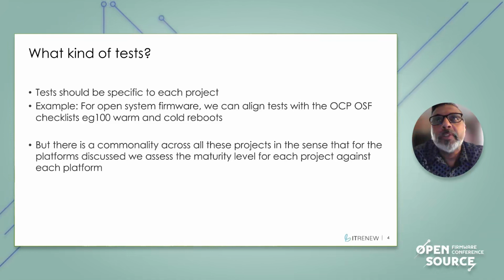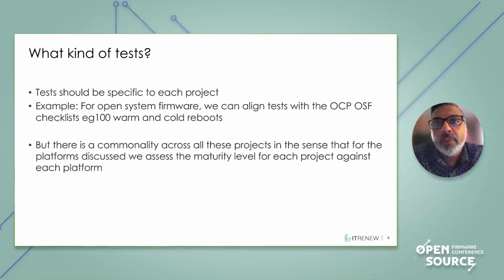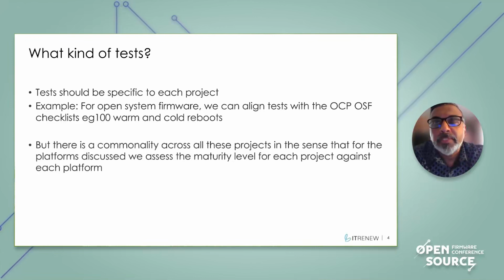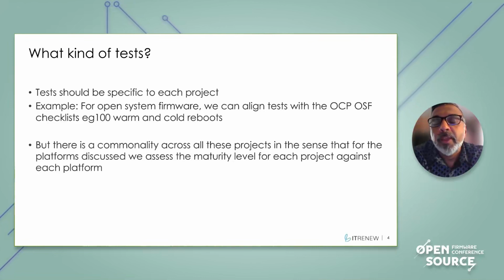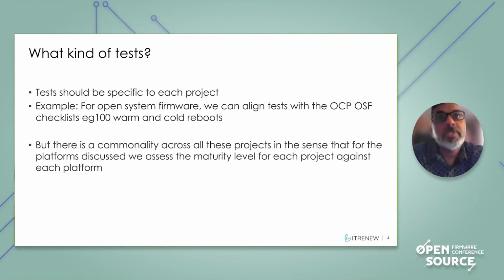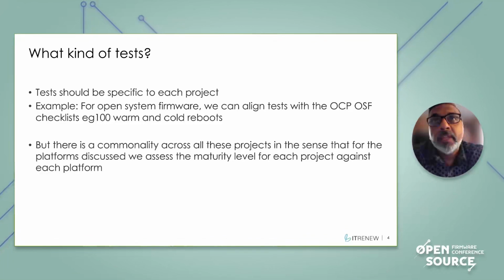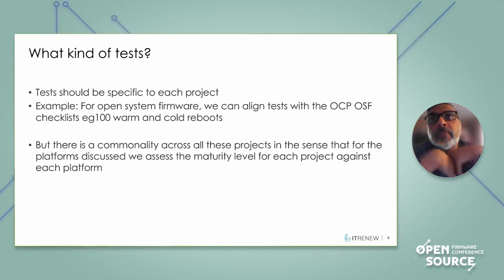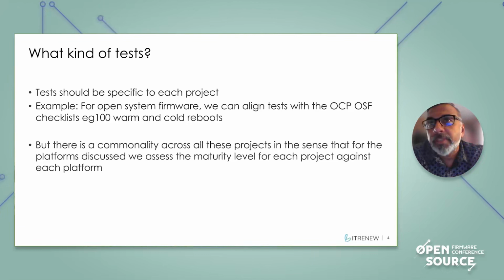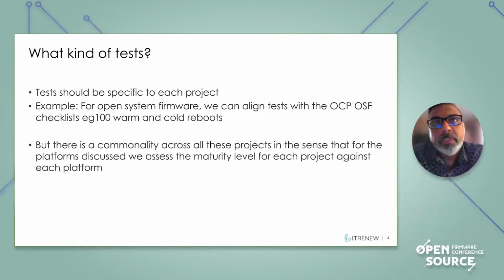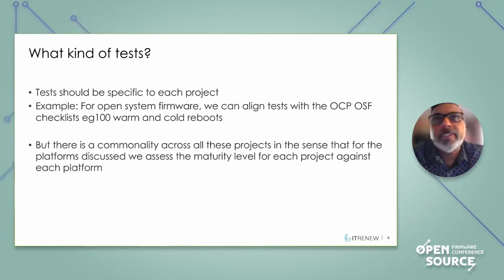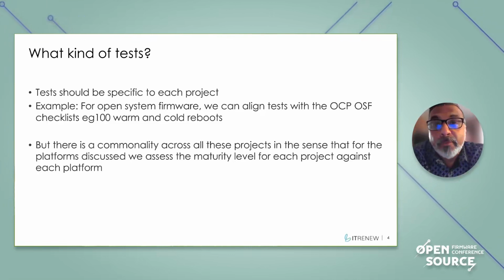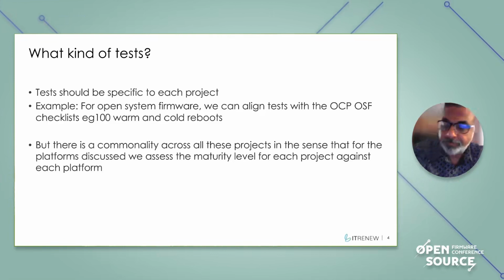And so the community has some confidence on what is the maturity level for each of these platforms and what needs to be done. At the same time, we can also check for regressions for each release or each commit and so forth. This is the sort of thing I'm envisioning and I'm excited about when we're talking about a common platform for testing.